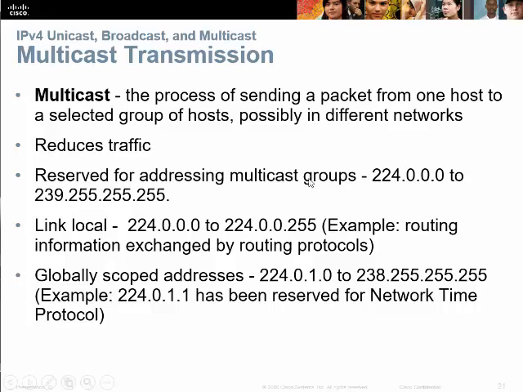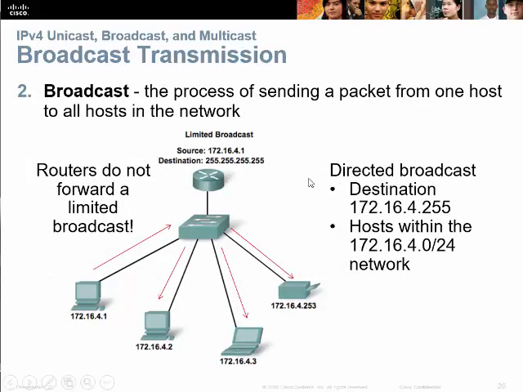The last one now is broadcast. Broadcast is the process of sending a packet from one host to all hosts in the network. That is one to all. I said multicast is from one to many; broadcast is from one to all. What I'm doing now is broadcast, because I'm talking to everybody in this class.